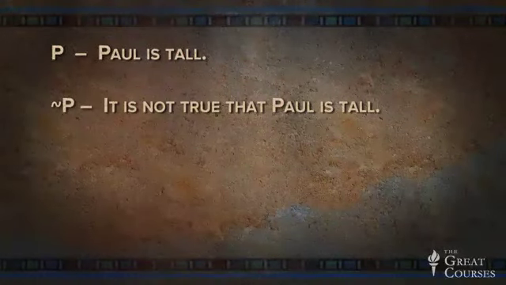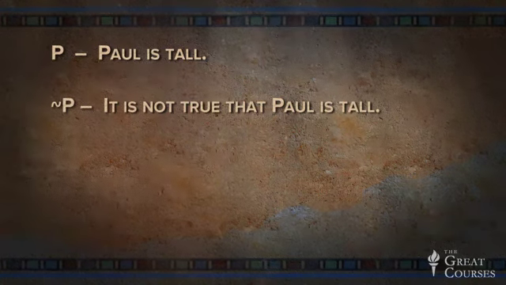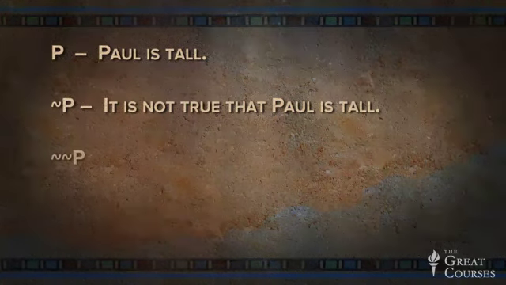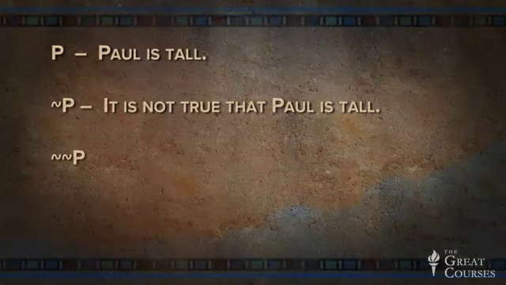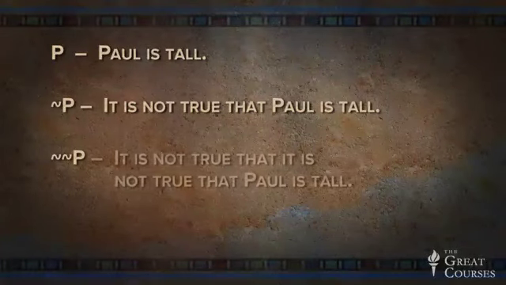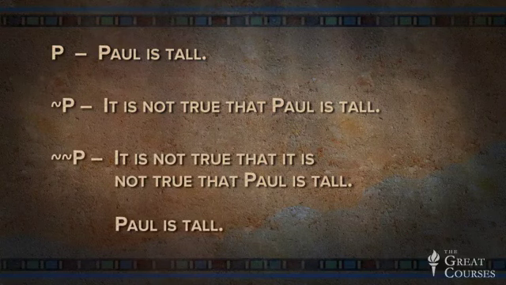I negated the sentence. Now, what would happen if I put two negators in front of the sentence? Not not P. Well, technically, it would mean it is not not true that Paul is tall. They would cancel out, and you'd get Paul is tall.